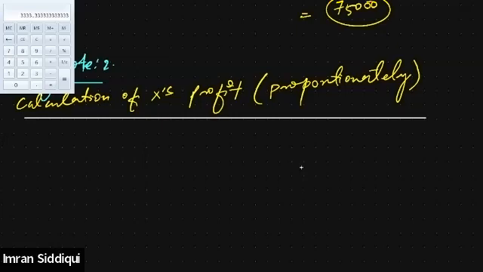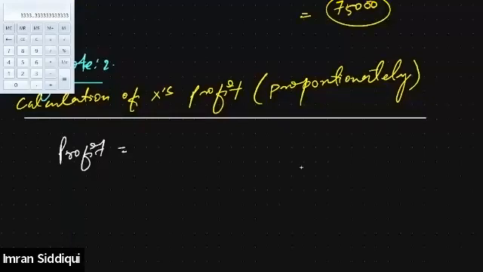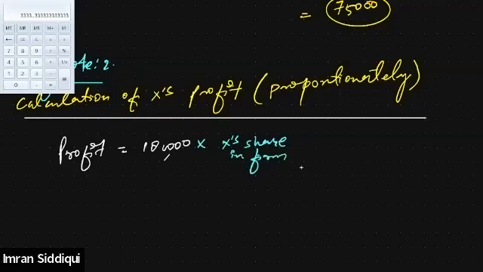So the profit will be taken as the profit of 2019-20, that was 1,80,000, and we will multiply this with X's share in the firm and the number of months.